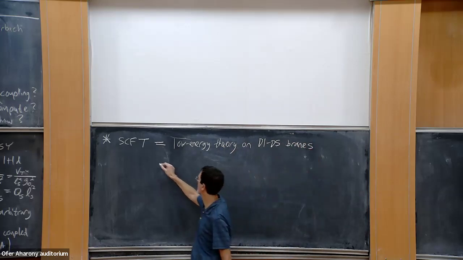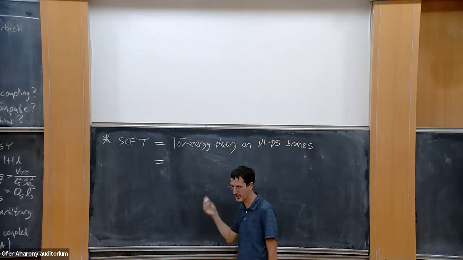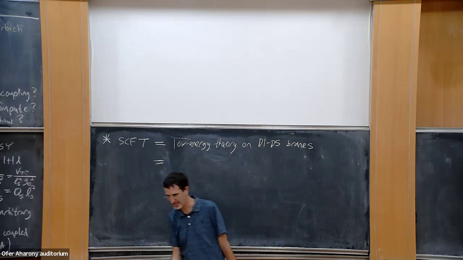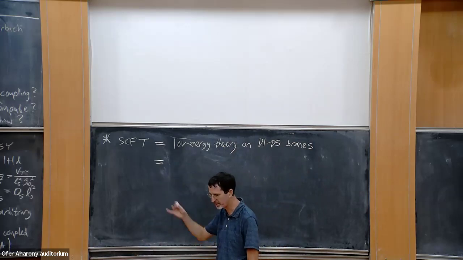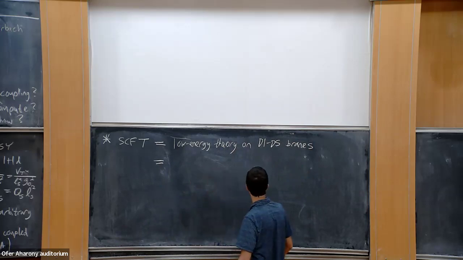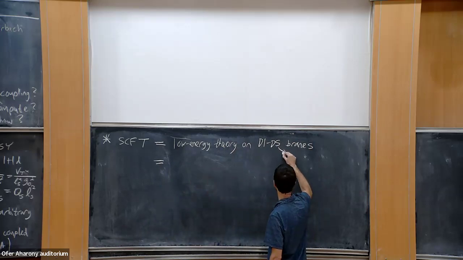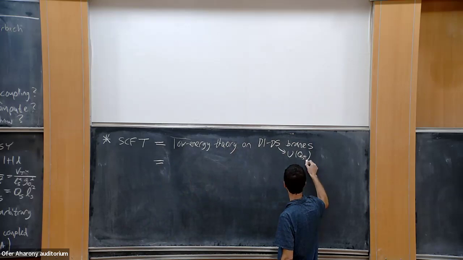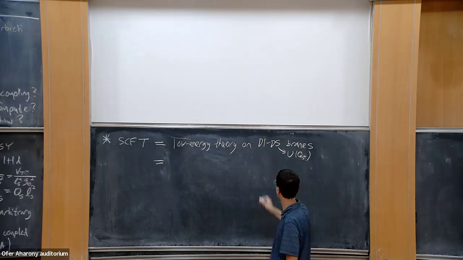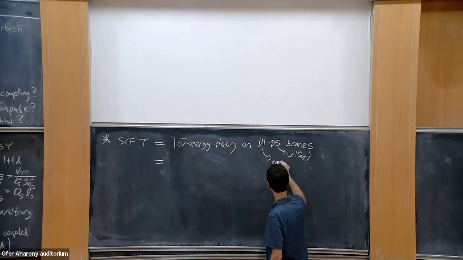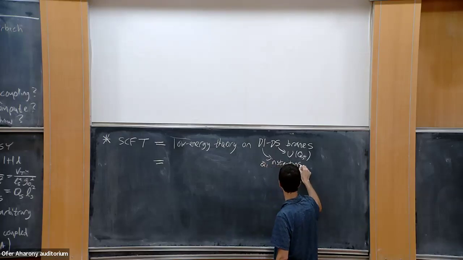If we look at low energies on the D5 branes, then we have just a U(Q5) gauge theory in 5+1 dimensions, but wrapped on this T4. And from the perspective of that gauge theory, the D1 branes look like Q1 instantons of this U(Q5) gauge theory.